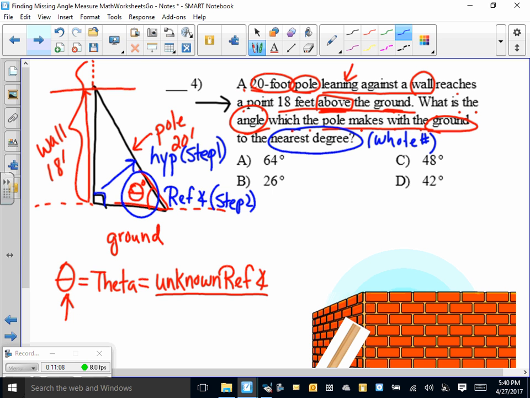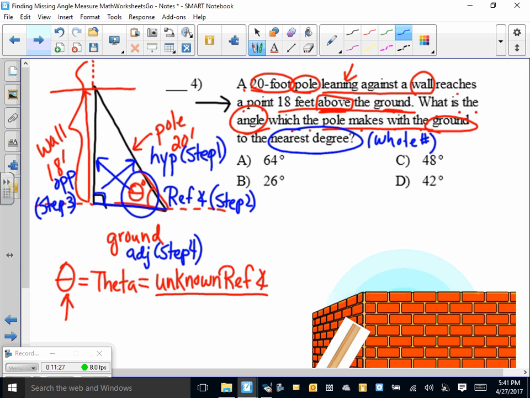Step 3, across from the reference angle is the opposite side. So that's going to be the height up the wall. That's step 3. Step 4, whatever side we have not named is called the adjacent side. That's step 4.